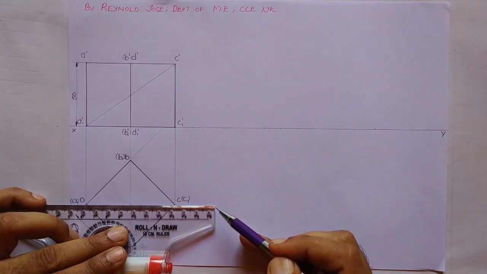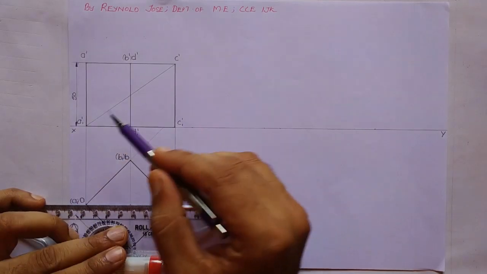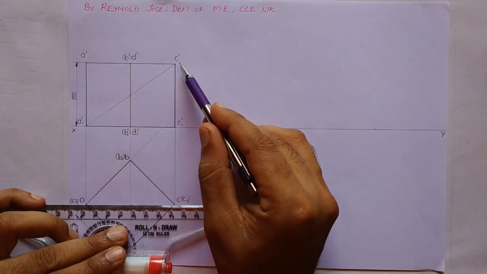We shall adopt a step-by-step procedure for solving this problem. Even though this is a problem regarding solids, we are not able to apply the order of preference here. That particular rule is not applicable here. Now we shall draw one more line connecting A1 dash and C dash.